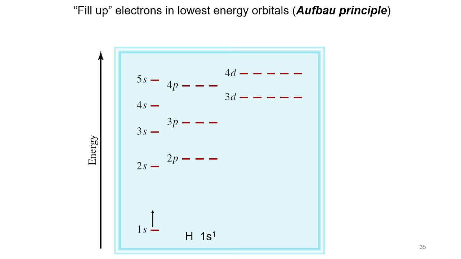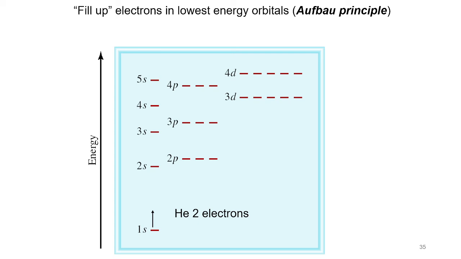1 being the principal energy level, s being the orbital, and 1 being the number of electrons in that orbital. For the next atom, we have helium.